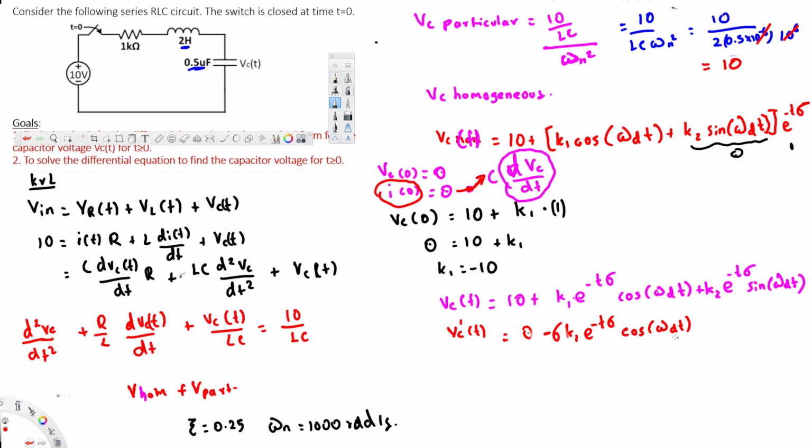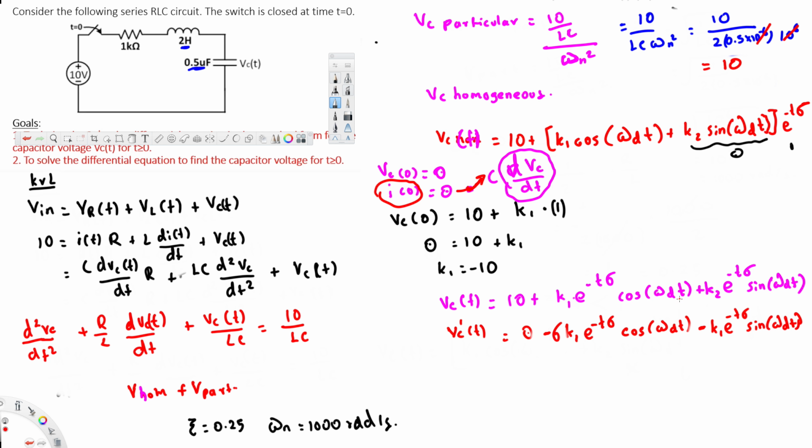That's going to be a chain rule because we had to take the outside derivative and also the inside derivative, and we keep the other one as it is. So this is going to be just k1, and this is going to be negative because if we take the derivative of cos, that's going to be a negative sign, right? So here we are going to have negative k1 e power negative t sigma sine omega dt.